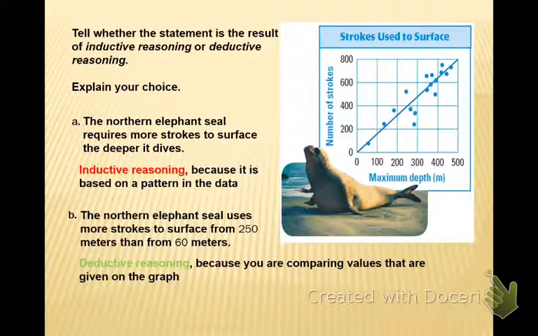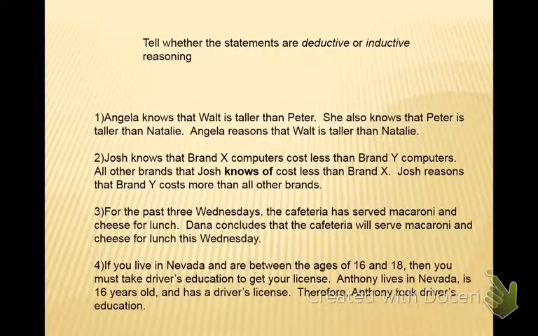Okay, and you can do that just by finding the two data points in your graph, right? At 60 meters is this one right here, and at 250 is this one right here. Okay? So there's your deductive reasoning.